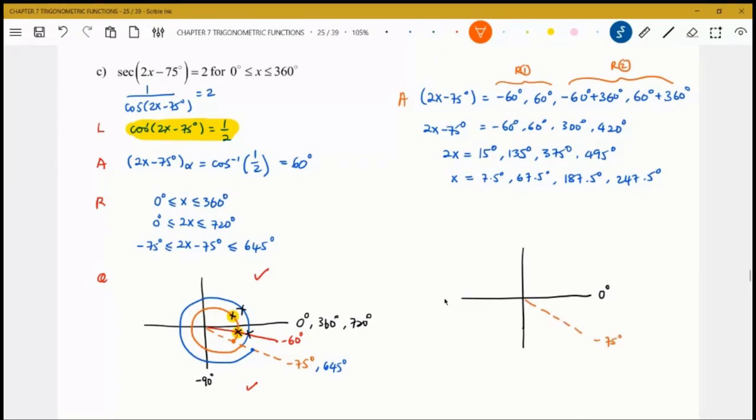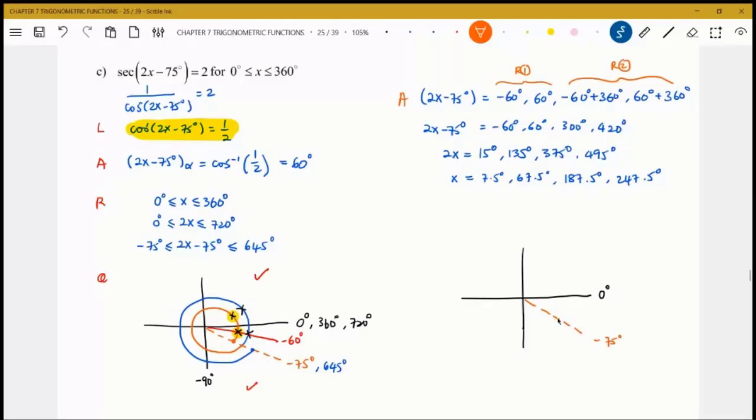So rotation bermula pada di sini. Dia adalah double rotation. So saya buat colour yang lain. So dia berakhir pada 645 degree.